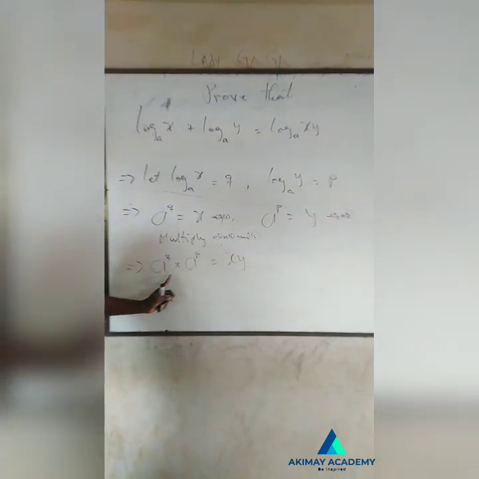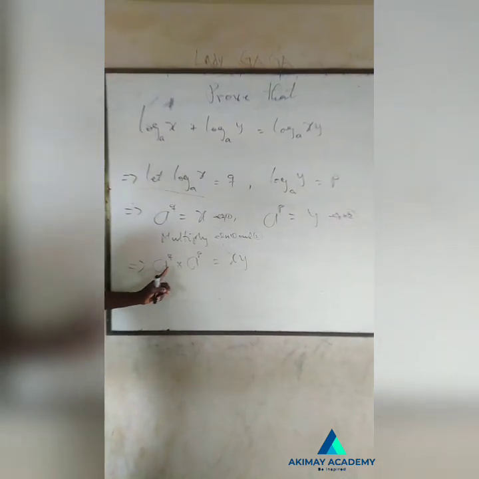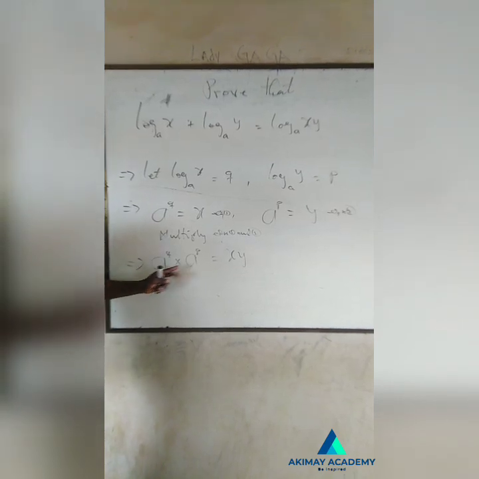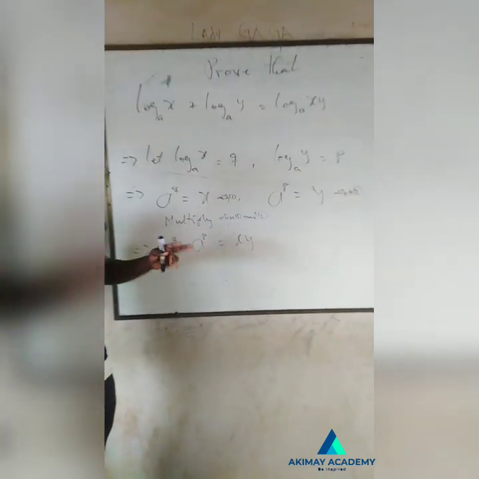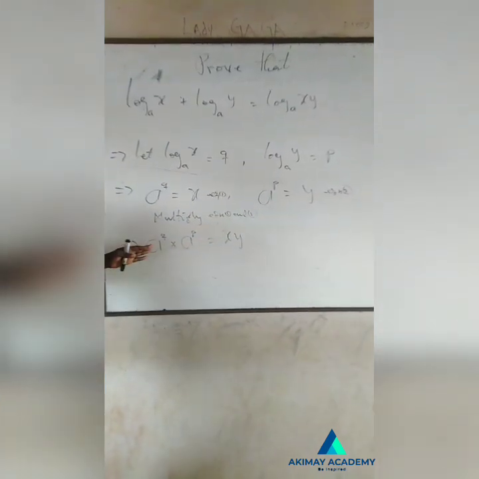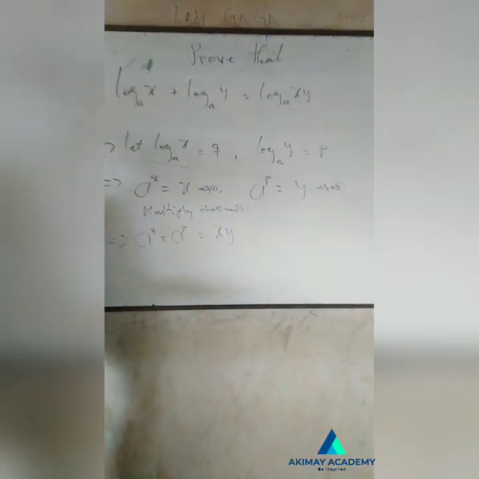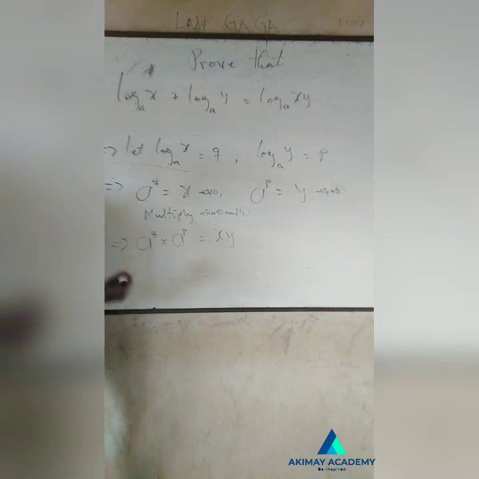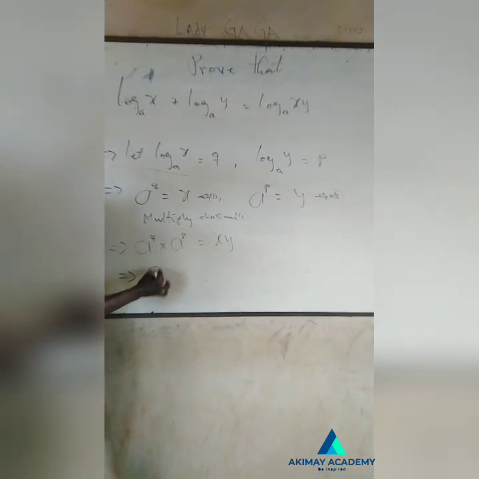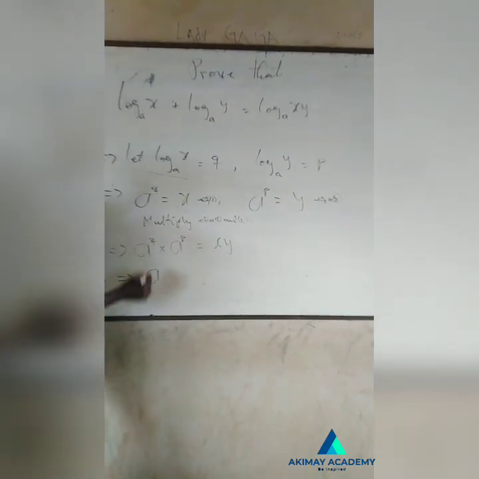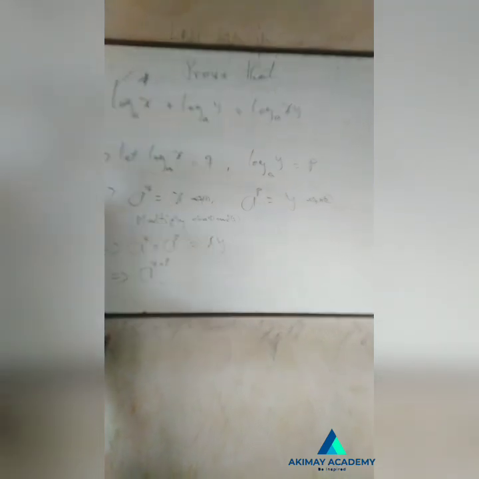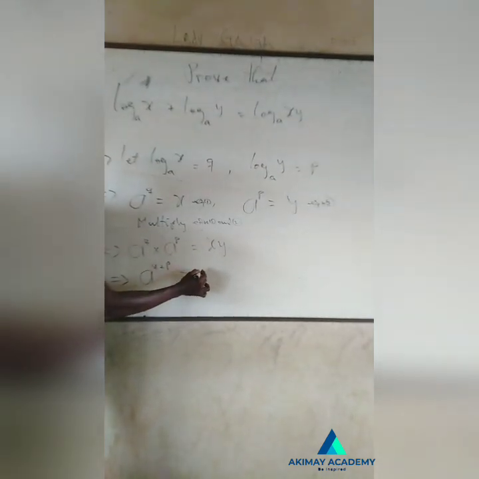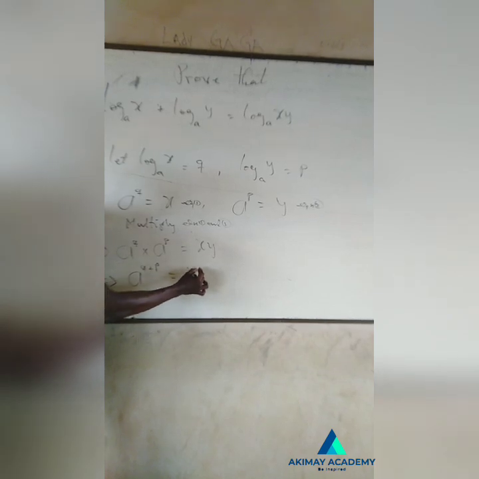In terms of indices, what we learned earlier is that when the bases are the same, we take one of the bases and add the exponents. So we take one of the bases, and the exponents are q plus p, and this is equal to xy.